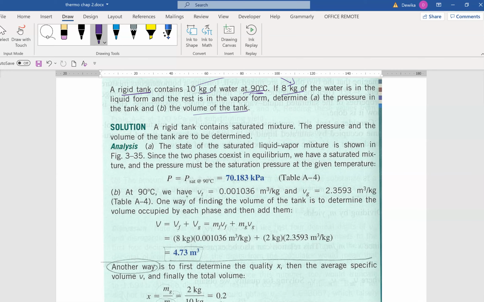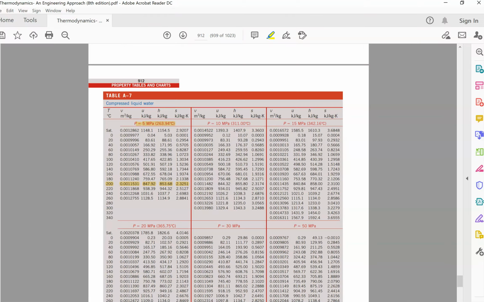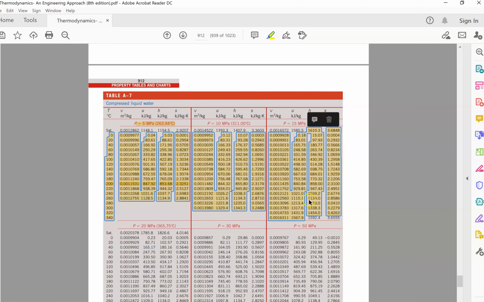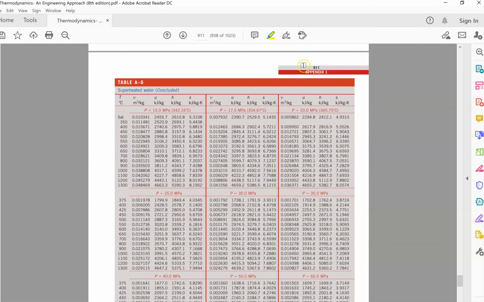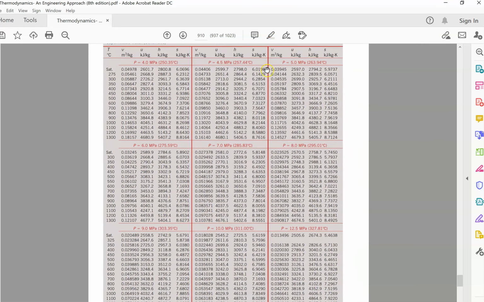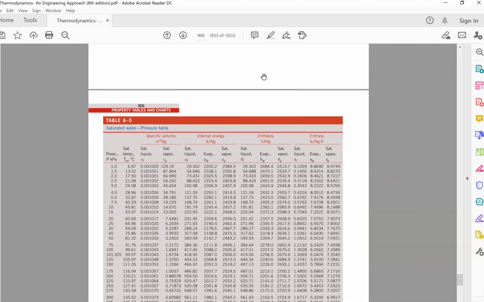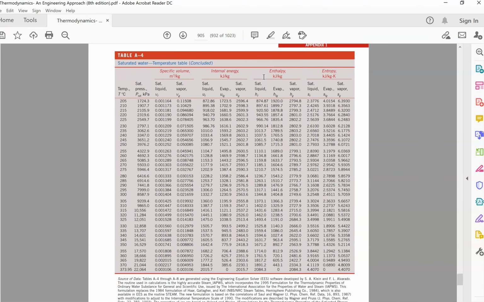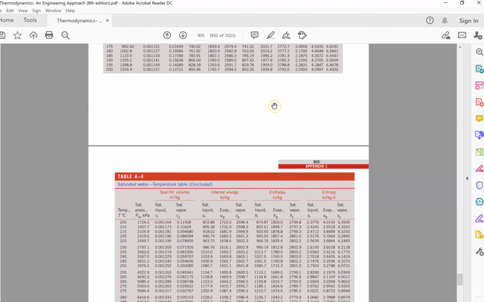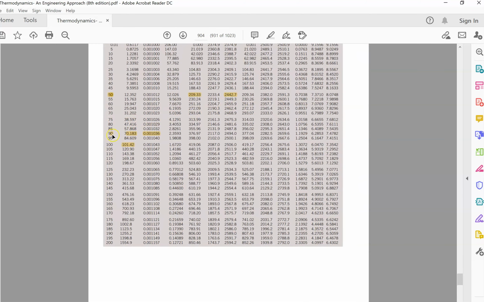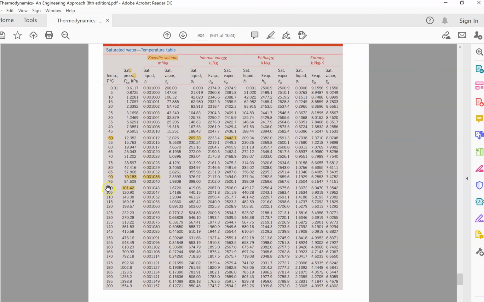So you go to the steam table, which is table A4. Go to table A4. You look up 90 degrees. There, can you see 90 degrees?